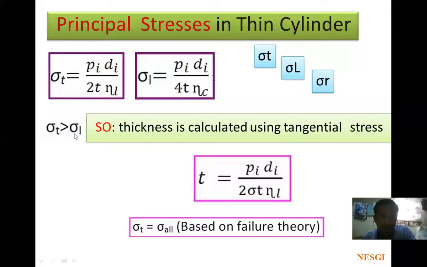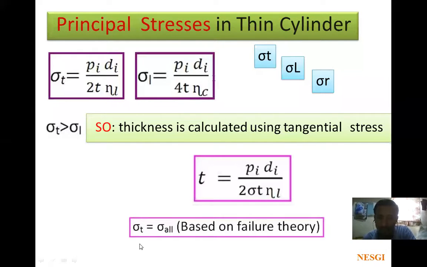As sigma T is greater than sigma L, thickness is calculated using tangential stress. Calculation of thickness indirectly means design of a cylinder. So design of a cylinder is based on the tangential stress.